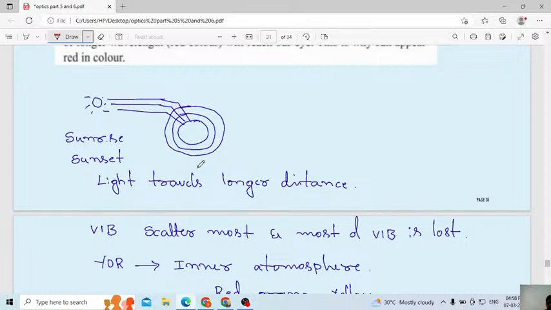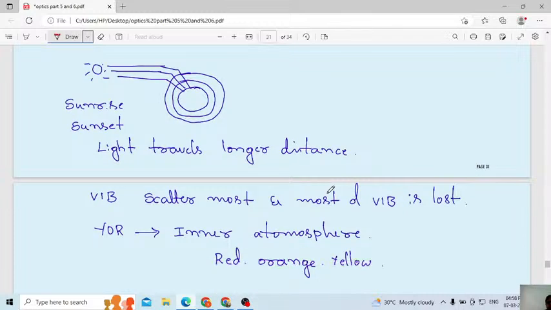Then the light has to travel a longer distance. Here most of the VIBGYOR, most of the violet, indigo, blue scatter and most of VIB is lost. Normally, because of the less wavelength, these colors scatter more, we know.